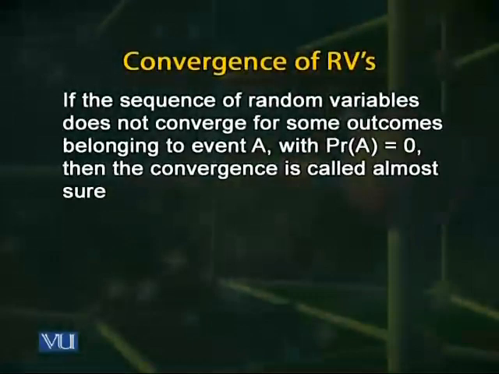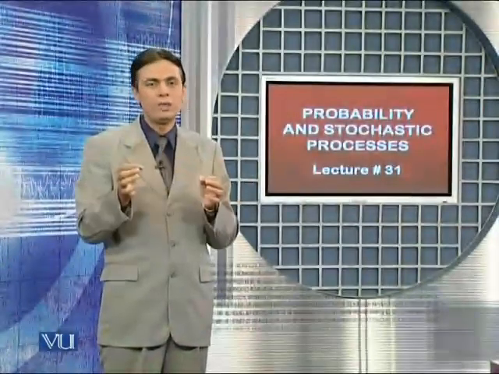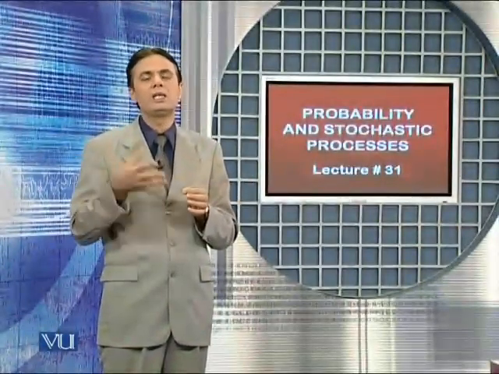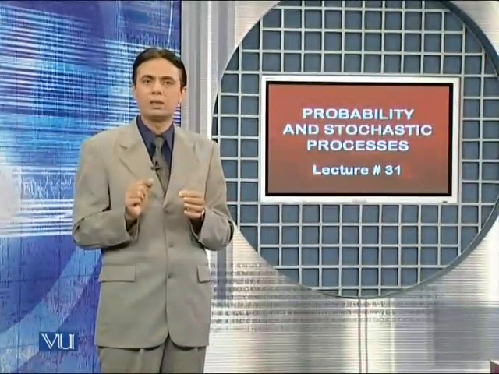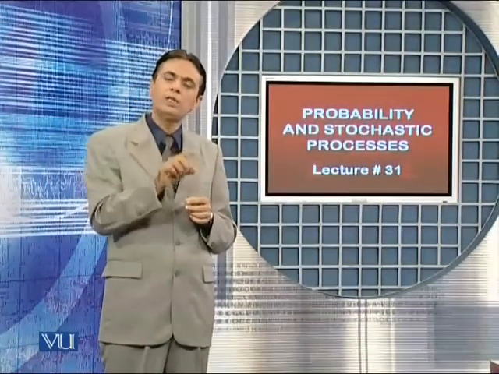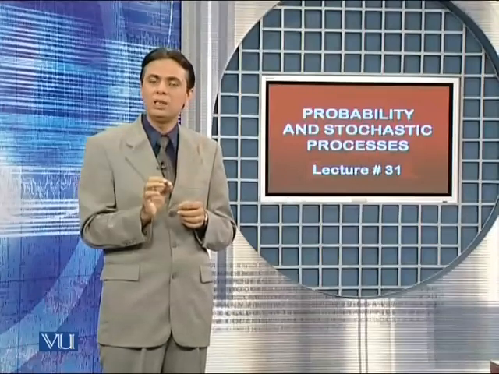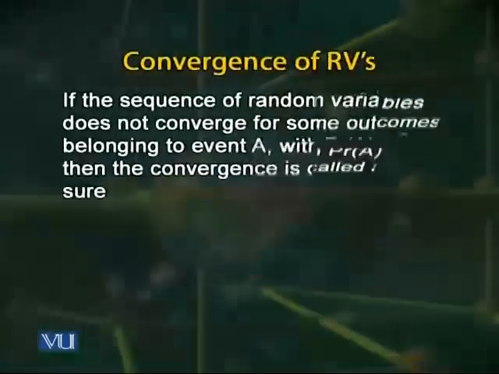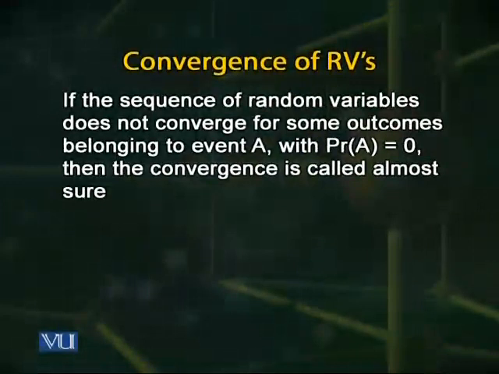But the interesting thing is that if you put together all those outcomes of sample space for which the sequence of random variables gives a sequence of numbers that do not converge, and call that collection of outcomes an event A, so event A contains all the outcomes for which the sequence of numbers generated by the sequence of random variables do not converge, and the probability of that event A is 0, then this convergence is called almost sure convergence or almost everywhere convergence.